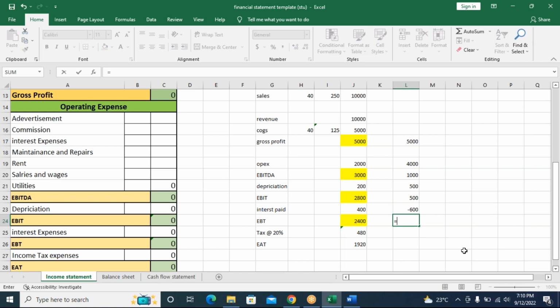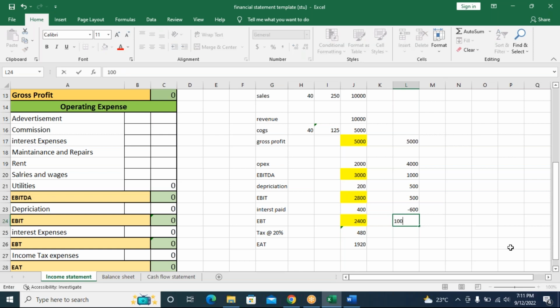So here it is equal to 500 minus this value, sorry, open this one with the bracket. 600 out of 500, if it is subtracted, we'll get 100.